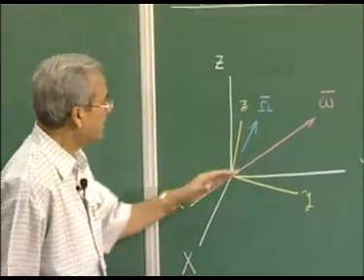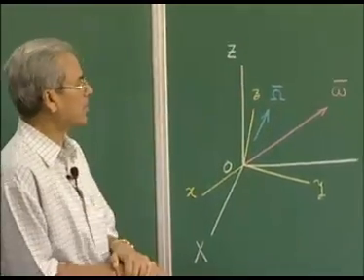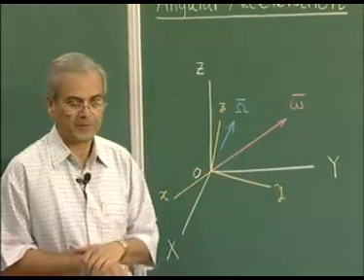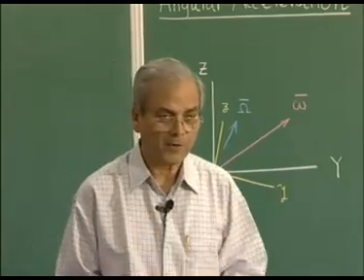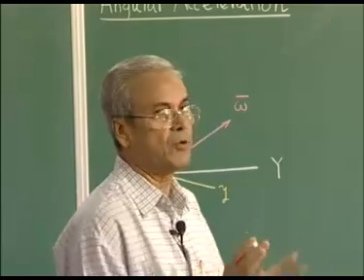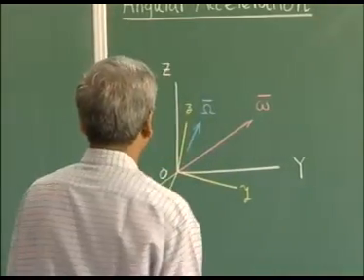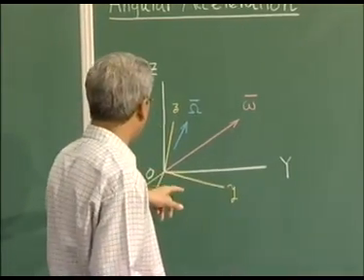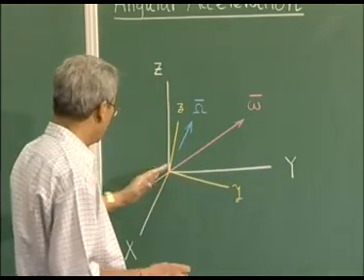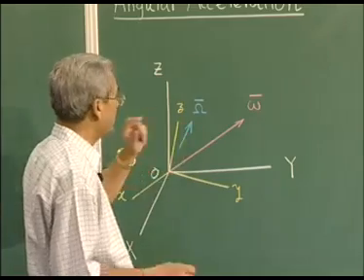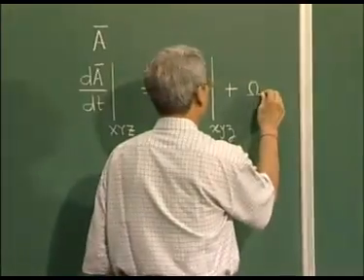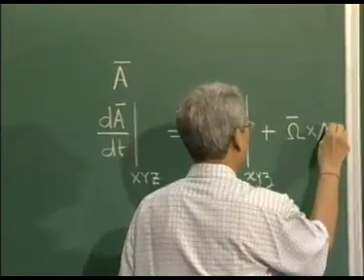See that if this vector A is rigidly attached to small x, y, z, then to an observer in small x, y, z this vector will have no change. The observer sitting outside will observe a change because this vector is rotating along with this moving frame of reference, and from vector calculus we know that this rate of change can be written as this.